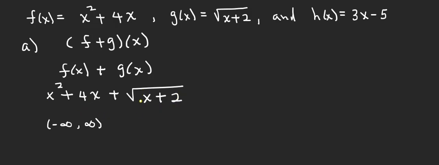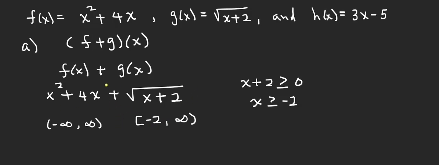Well, in order for this to be a real number, the inside of the radical has to be greater than or equal to 0. So that happens when x is greater than or equal to negative 2. As long as the x value is greater than or equal to negative 2, this will exist. So the domain is negative 2 to infinity.